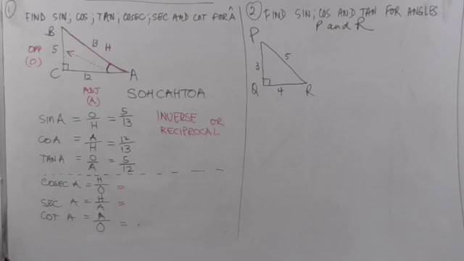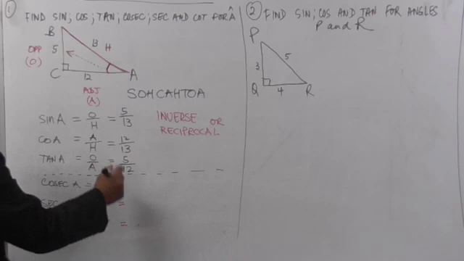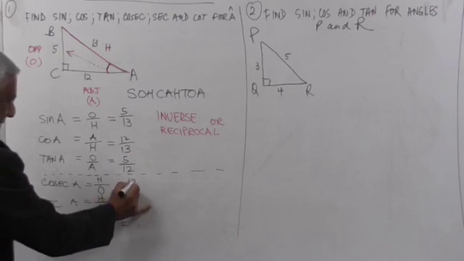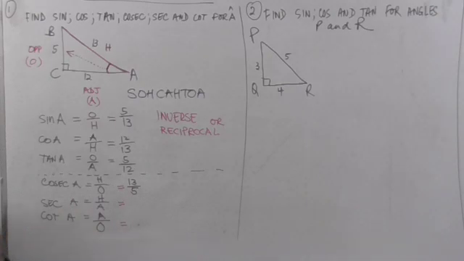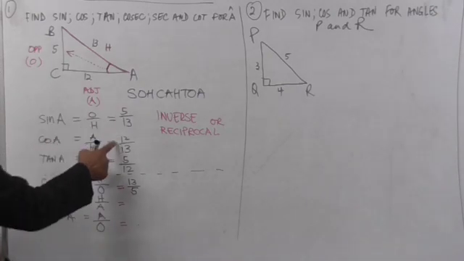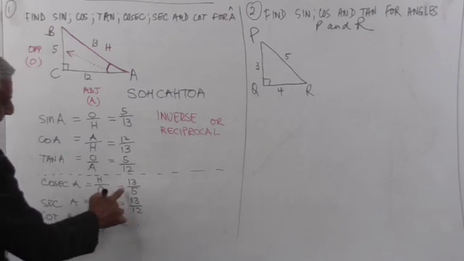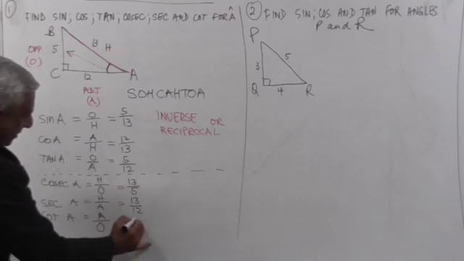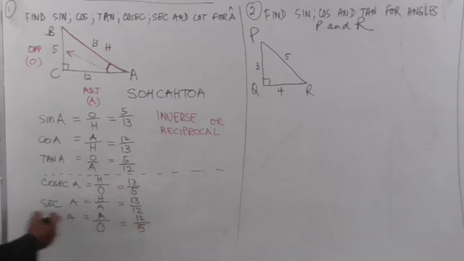So the inverse of that will be the opposite of it, or upside down. So 5 over 13, you invert that. Invert this: 13 over 12. Invert the last one: 12 over 5. Alright, so that was your first example.